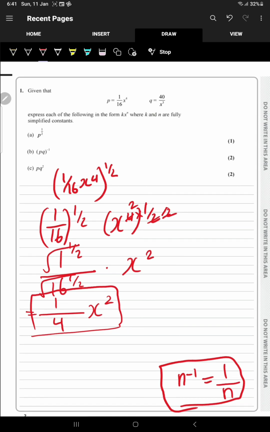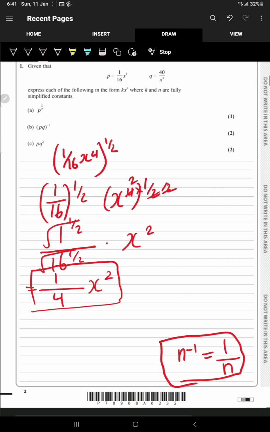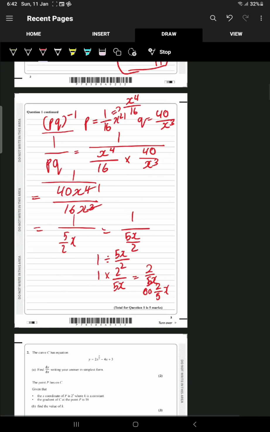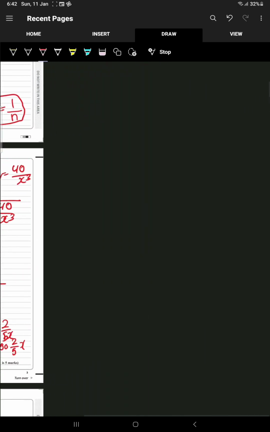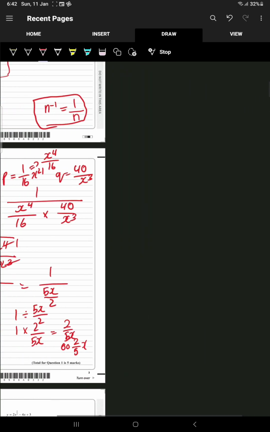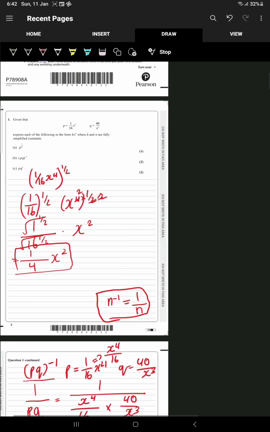Now it asks for pq squared. I don't have any space over here. So for my convenience I'm going to write p as x to the power of 4 over 16, times q squared, which is 40 over x to the power of 3, whole squared.